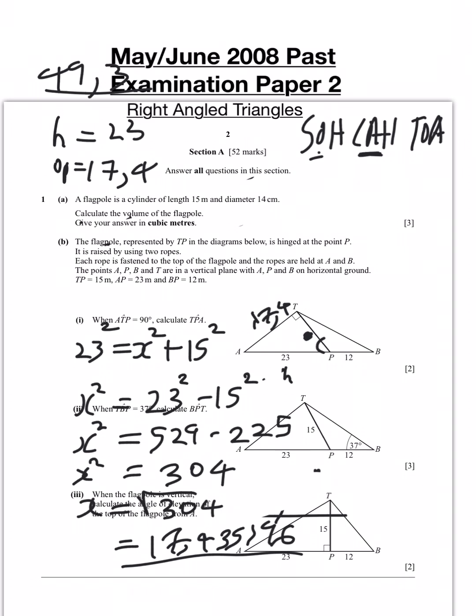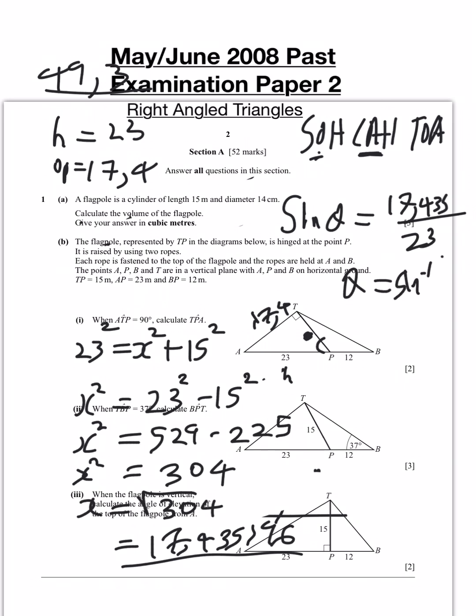Now given that we have hypotenuse and opposite, we are going to use sine. Sine theta is equal to opposite over hypotenuse, that is 17,435 over 23. So theta is equal to arc sine of 17,4 over 23.